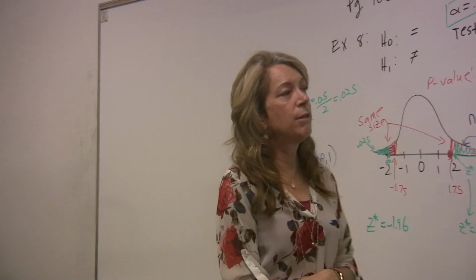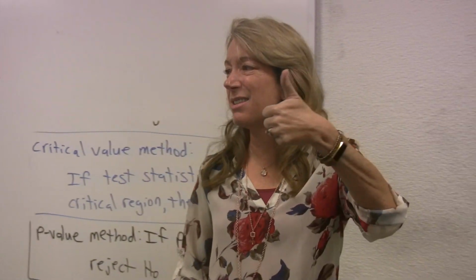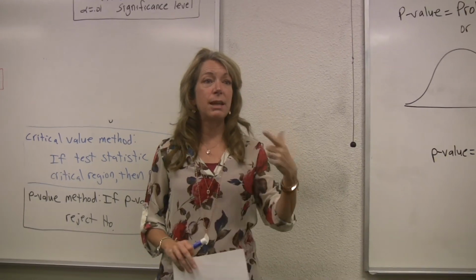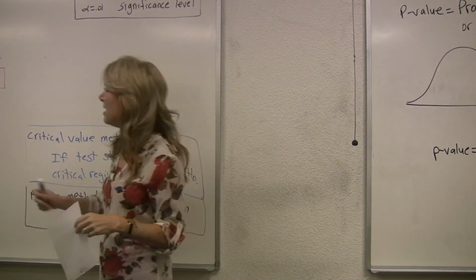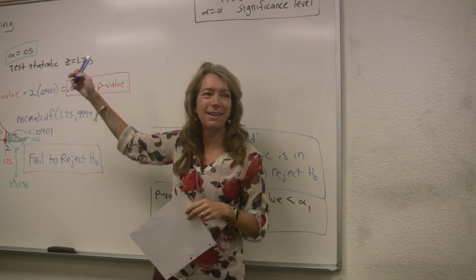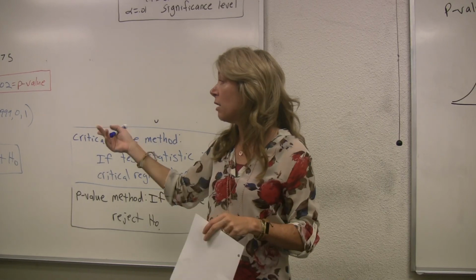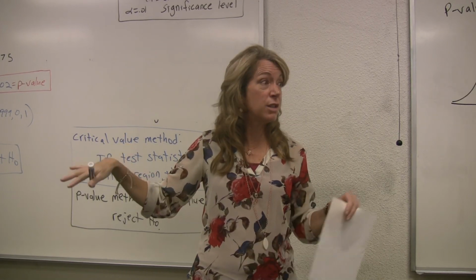Okay, so let's review a little bit about our steps. Step 1 was write the two hypotheses, H0 and H1. Step 2 is get the test statistic. These numbers that I've been handing to you, can't show you how to get those quite yet. Step 3 is either find the critical values or the p-value. That's what we've just been practicing.